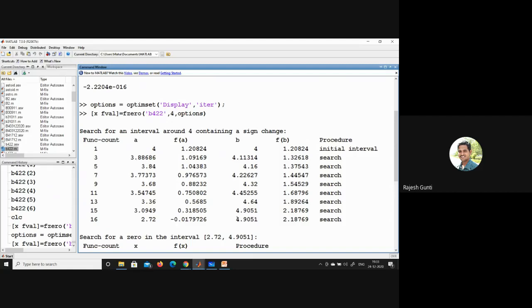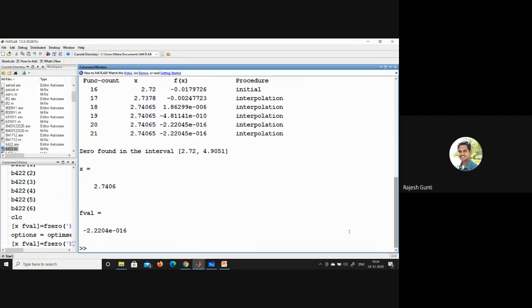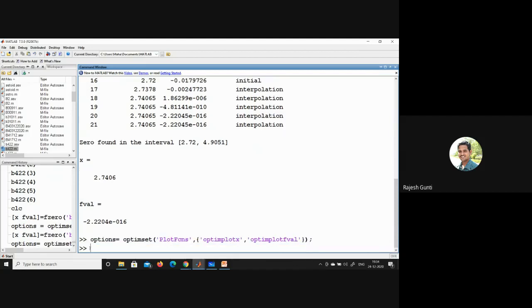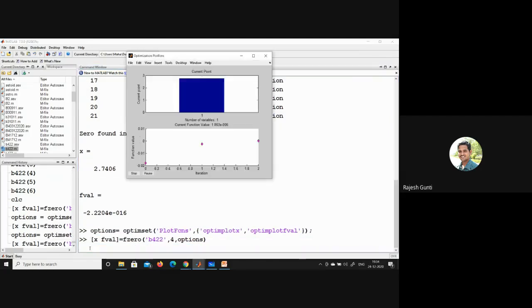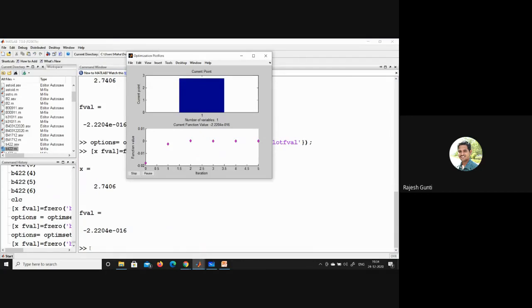It obtained the root, and the interval contains the root value. After 5 iterations, it found the root, that is 2.7406. The function value at this point is this value. Suppose we take another set of options.